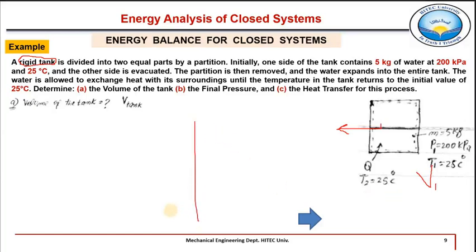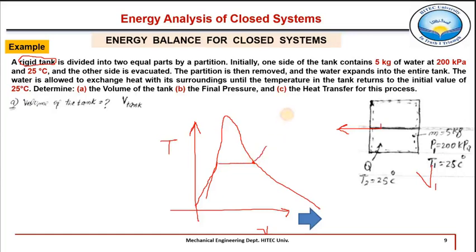So let's revise again what we have learned in chapter 3. Using the PV diagram, we can guess or estimate the condition or the region in which our substance may exist. So what is the given pressure? For example, this pressure line is the 200 kilopascal line.